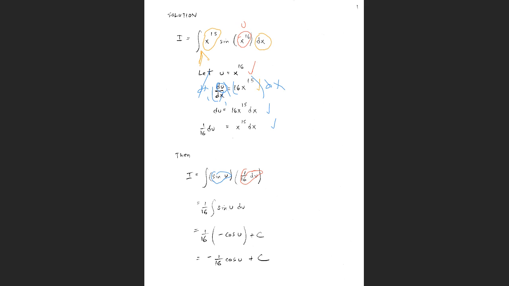How would I get 1/16? Well, Javier, if I look at my integrand up here, I want to replace the x to the 15th dx. And what I know is that du dx is 16 times x to the 15th power, right? Well, if I want just x to the 15th power, I have to divide both sides by 16. In other words, I'm multiplying by 1/16 on both sides.